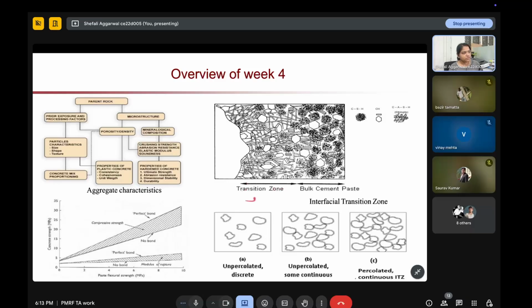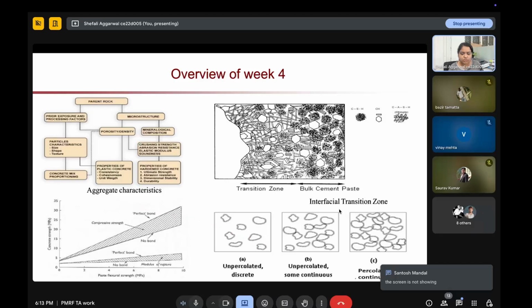In this interfacial transition zone, there is a larger quantity of ettringite and CH, or calcium hydroxide, as compared to C-S-H, your calcium silicate hydrate. So this zone is called the interfacial transition zone and the remaining part is your bulk cement paste. So what is happening with time?